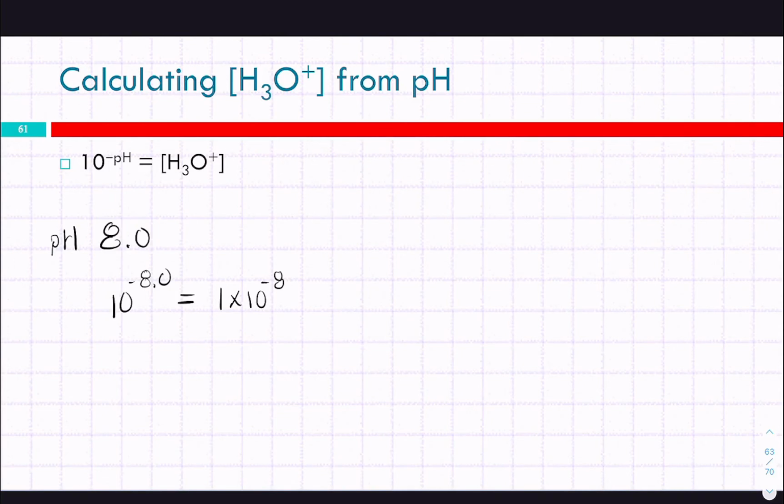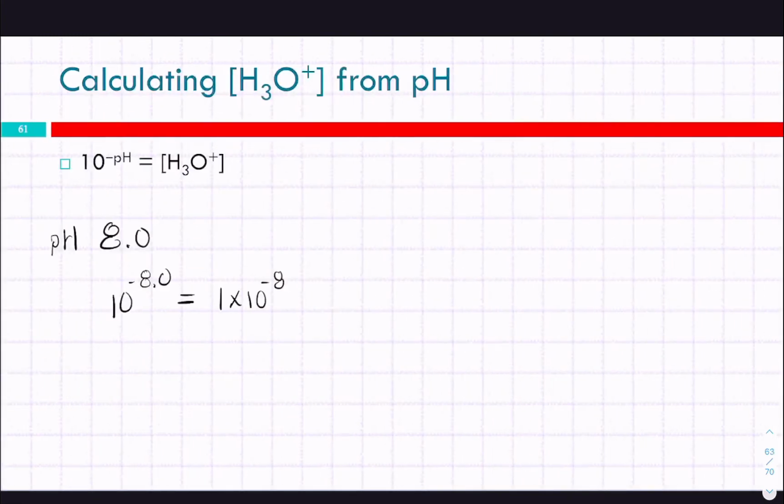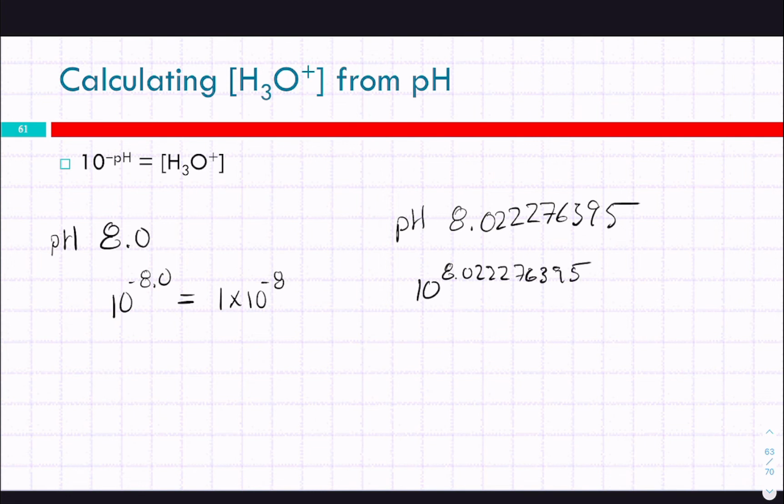So let me do this. From that previous problem, this was 9.5 times 10 to the negative 9. Because we rounded here, we lost some of that information. So the full number there, if we do the pH of 8.0222763 to use all of the numbers that my calculator spit at me, we do, again, 10 raised to the negative of that.